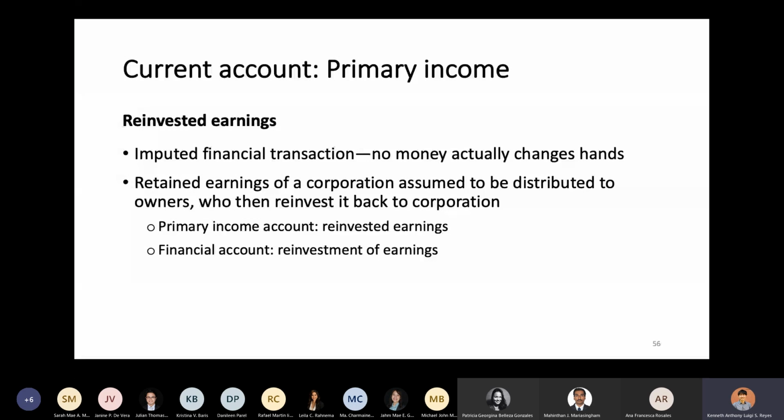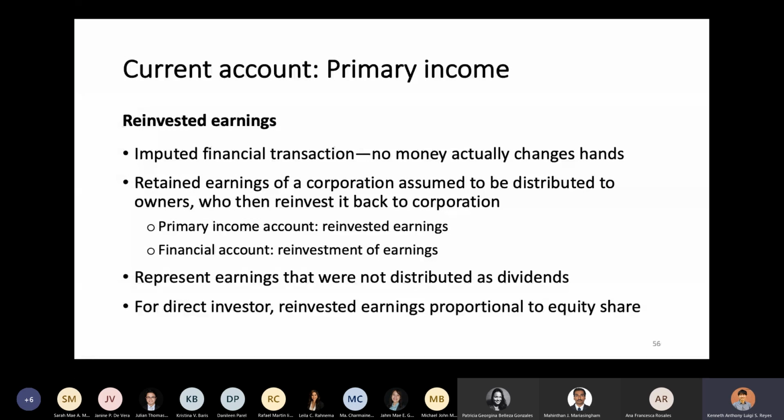In terms of recording in the primary income account, this is under reinvested earnings, and the counterpart transaction in the financial account is similarly called reinvestment of earnings. Of course, your reinvested earnings will be proportional to your equity share.